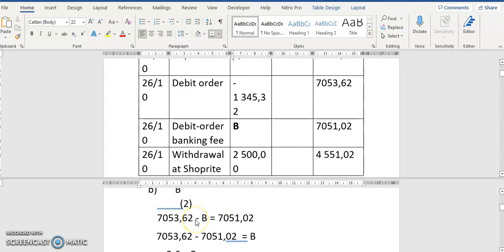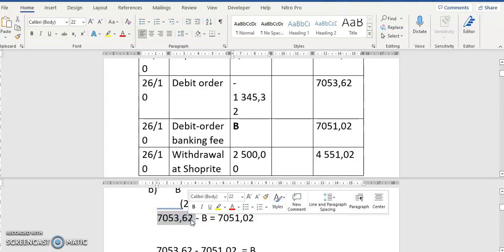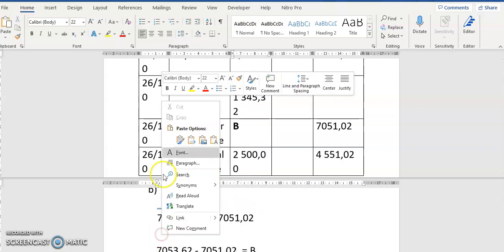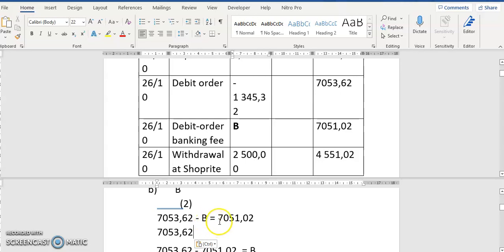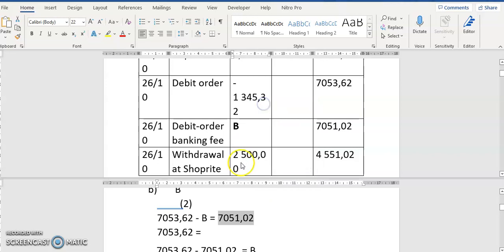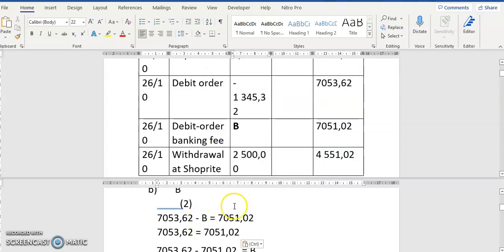So this is minus B. If I bring it here, it's going to be like this. This one will still be at the left hand side. Then we are moving the B, so we have equal. Then this one is still at the right hand side. We are trying to transpose B from this side to this side.